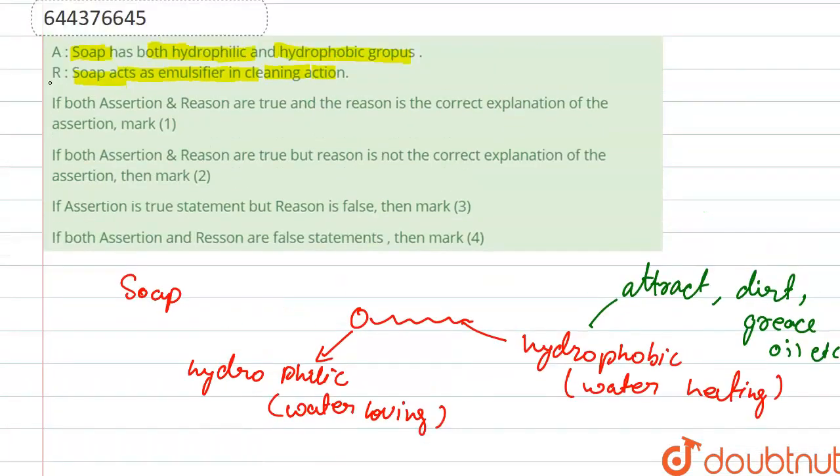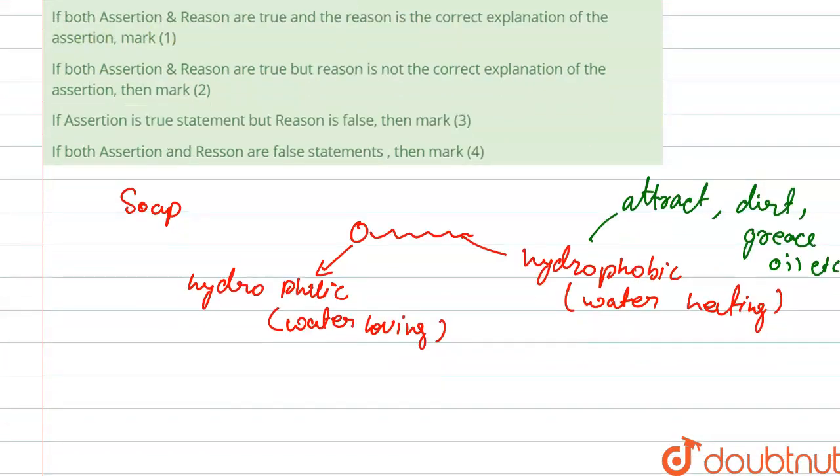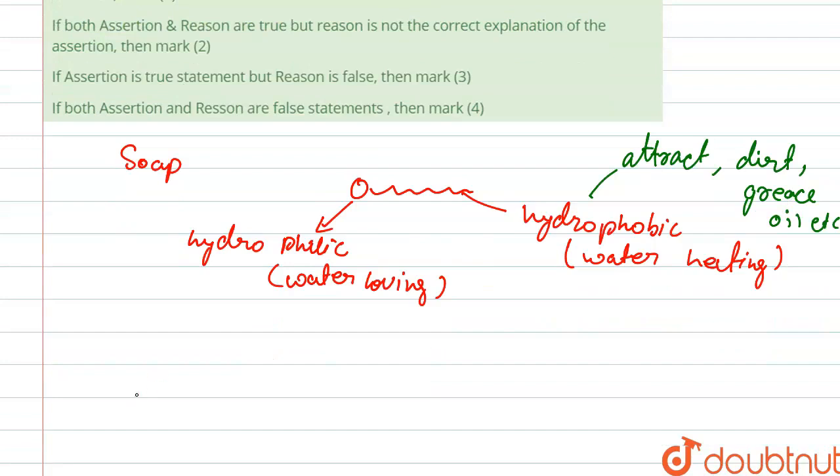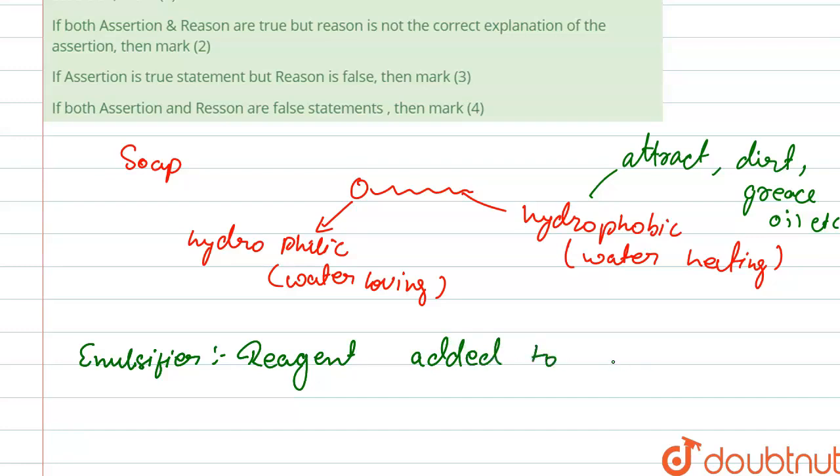Next is our reason, which said that soap acts as emulsifier in cleaning action. So let's see the emulsifier, right? So what is emulsifier? So emulsifier is a reagent added to emulsion to increase the rate of reaction, right?